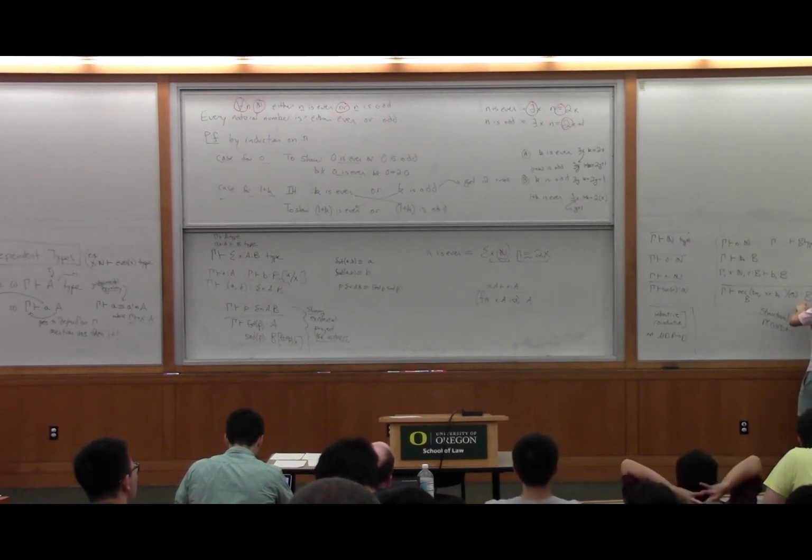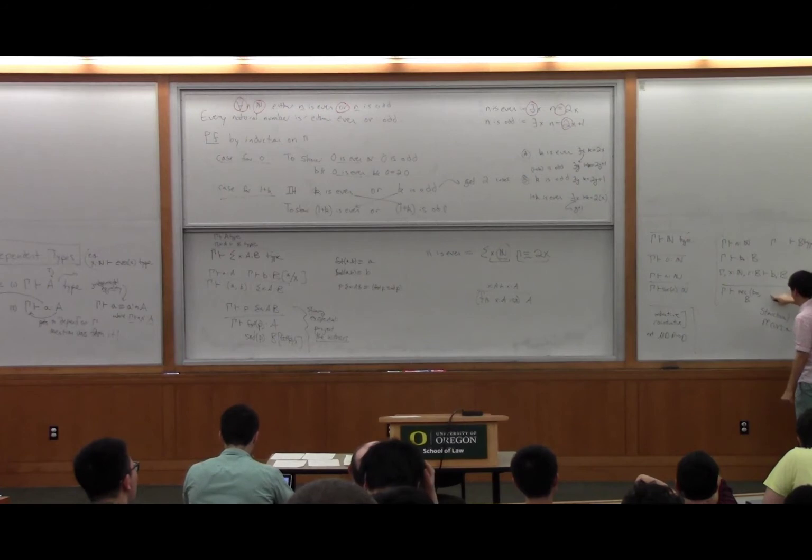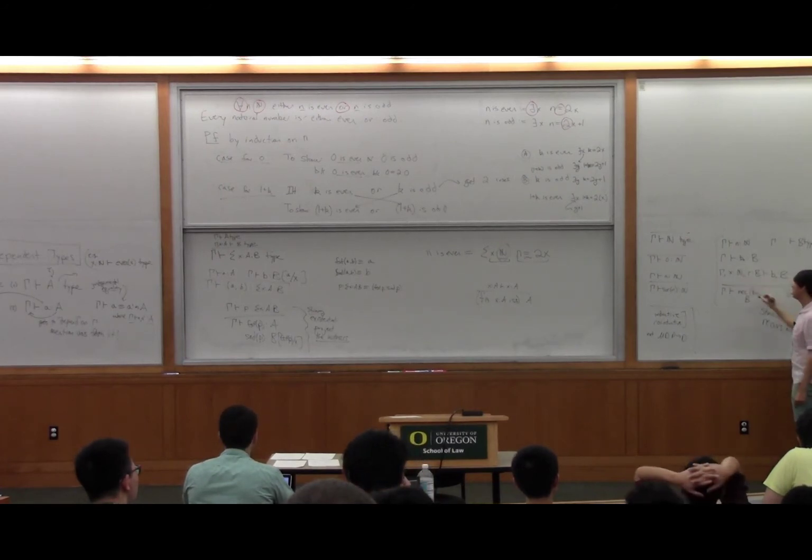So let me write it bigger. B1 has X and R free in it. And then what we always write down here is dependent on X and R, B1. So that's really just putting B1 as part of the syntax.